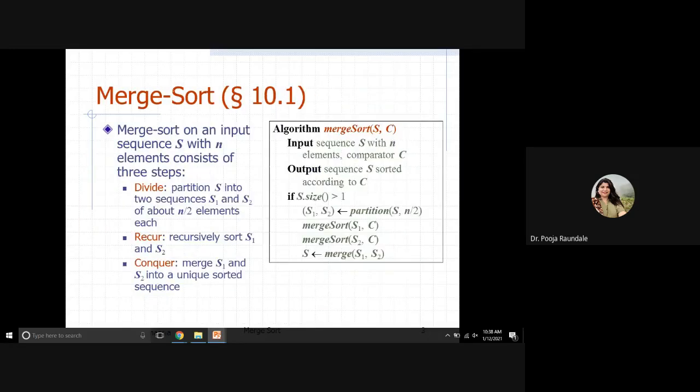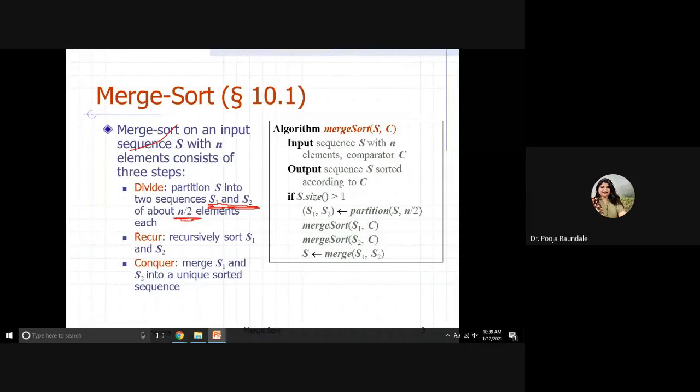So in merge sort, look at this. We have n elements, and these n elements we are breaking down into two pieces, S1 and S2, where both the pieces or arrays would be n by 2.